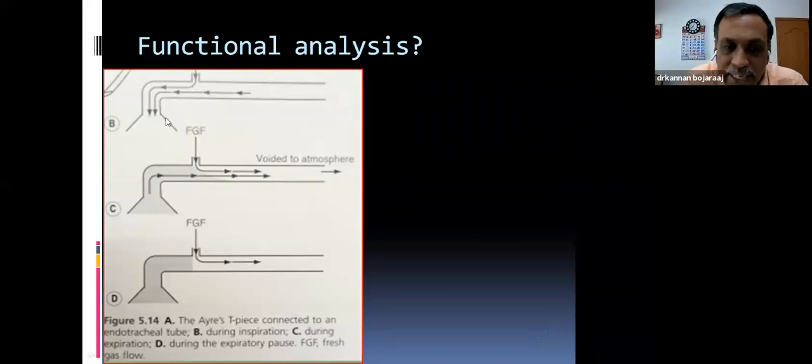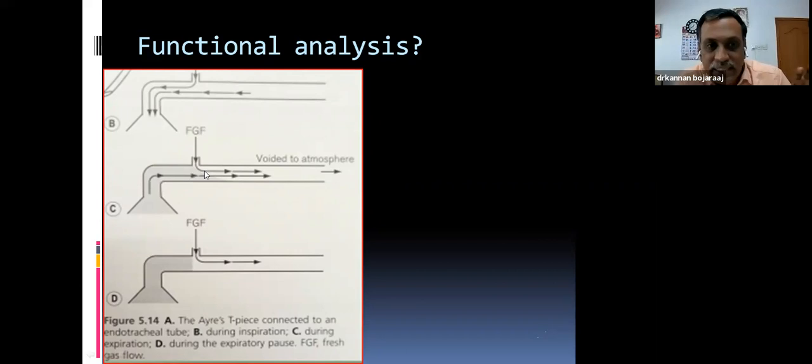And during expiration, I will say shortly, the first gas coming through from the patient is the dead space gas, which has a composition almost near to the fresh gas flow, and that will come out first.